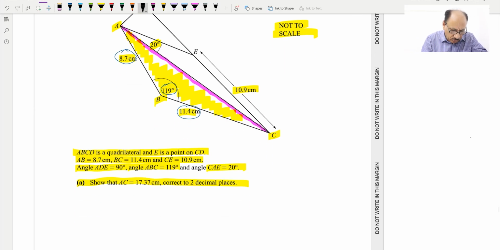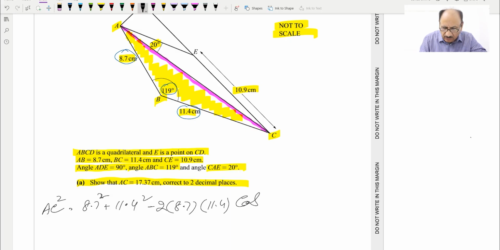So what is the cosine rule? AC square is equal to one side square plus the other side square minus 2 into one side into the other side and cos of the angle, which is 119.